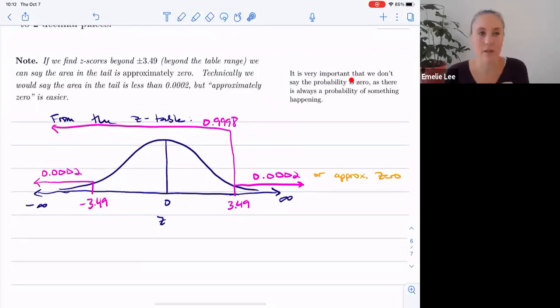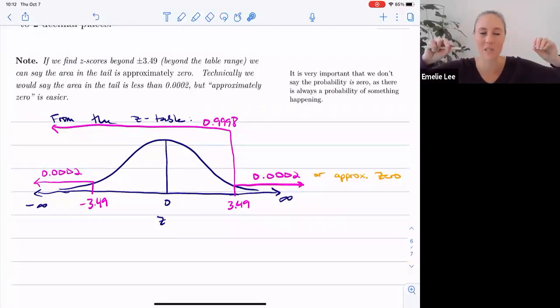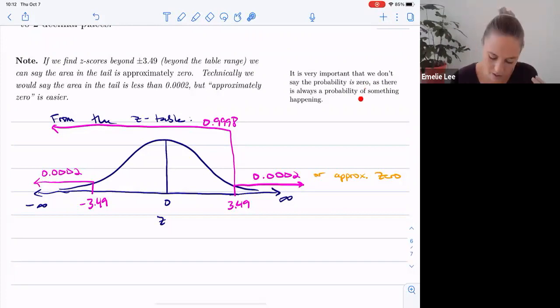It's really important that we don't say the probability is 0. Why is that? Because we know as a fact, this curve never closes on the axes, right? And so we can never say that the probability is 0 because there's always a probability of something happening, okay?